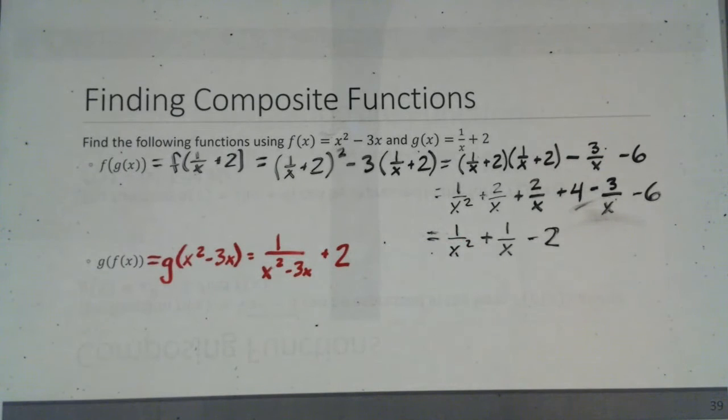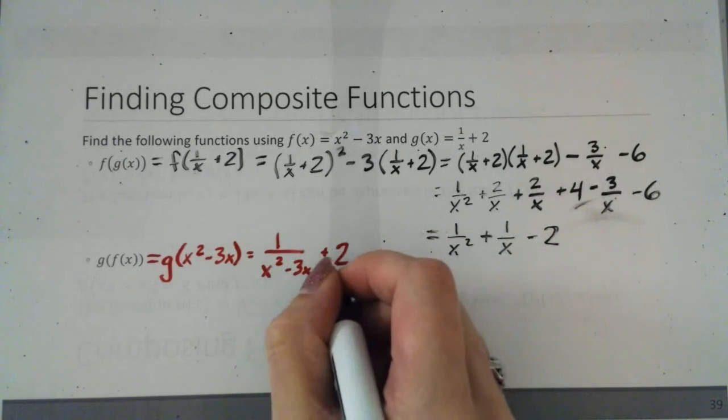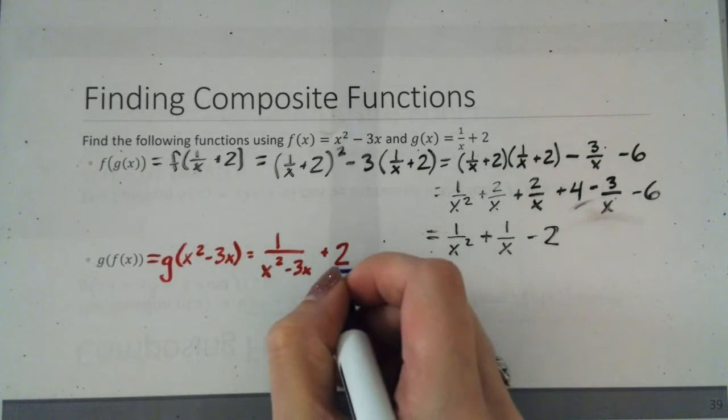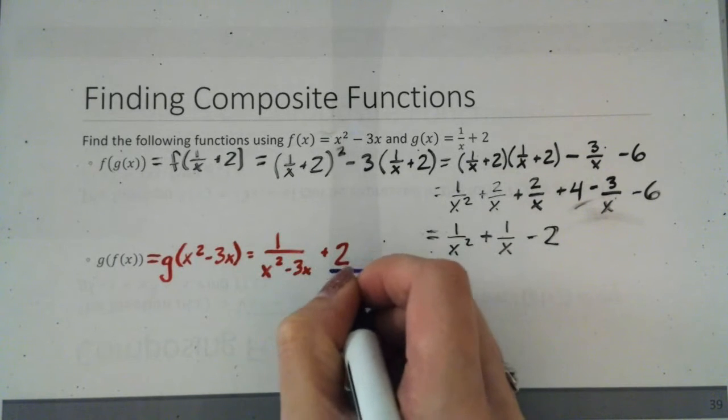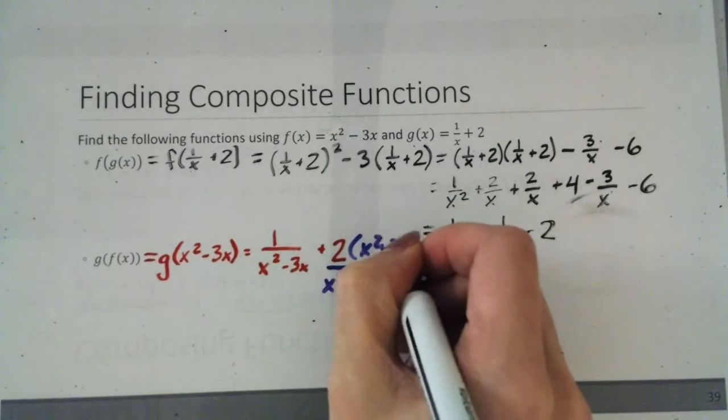But if you want to have a common denominator so that you can combine them all into one fraction, then we're going to need a common denominator here. So I'm going to take my 2 and multiply it by x squared minus 3x over x squared minus 3x.